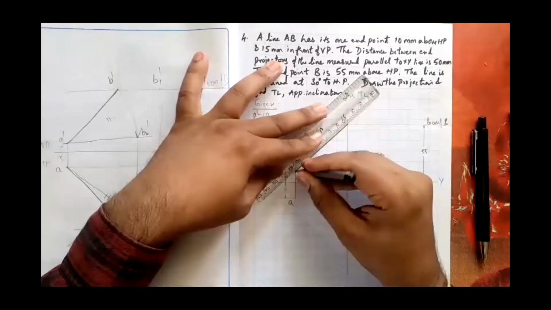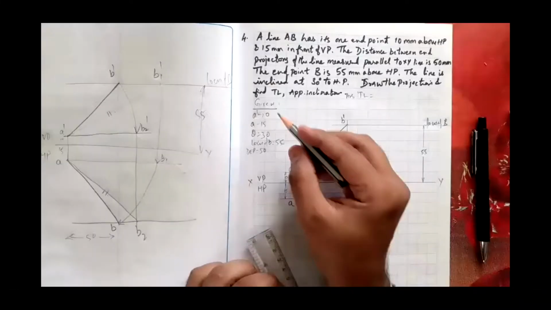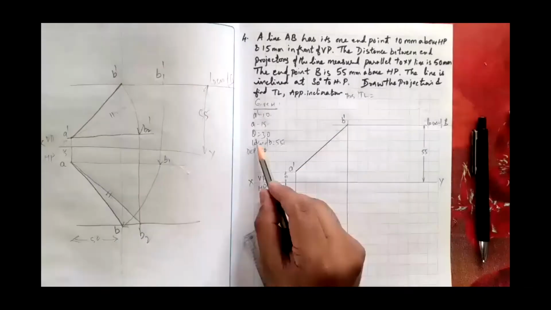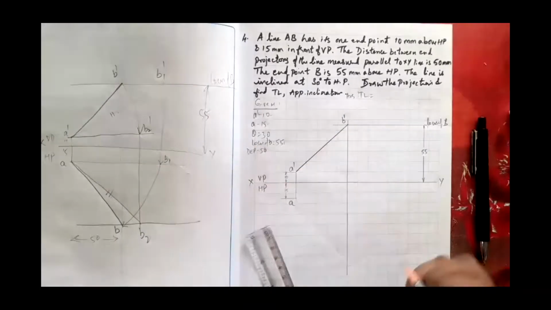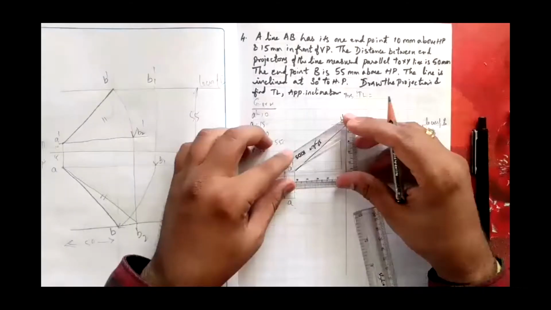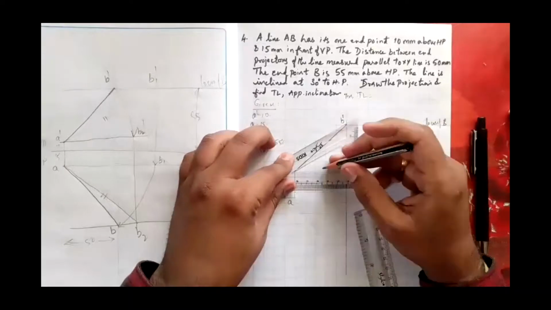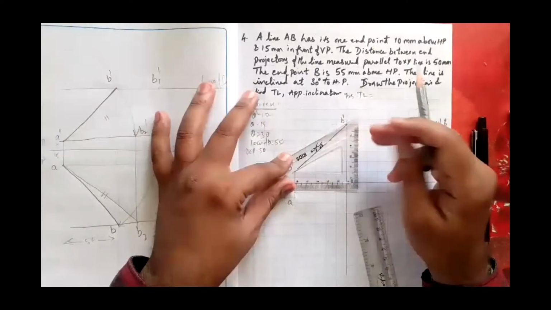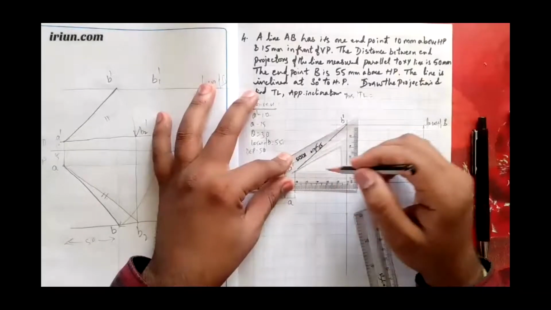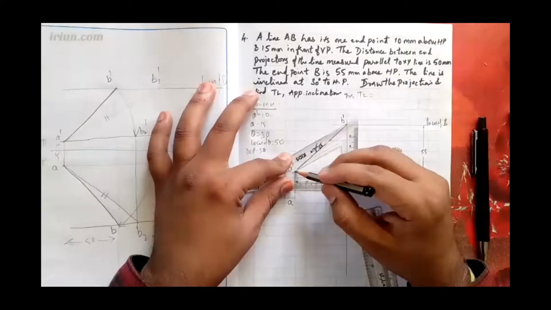Next, theta. See, I have used 10 mm, 15 mm, 55 mm and distance between end projectors. Theta, 30 degrees, is still not used. Use that theta, and we make use of this set square or protractor. From here, I'll match this printed line to this edge of the set square and draw a 30-degree line, some line, and then extend it further.